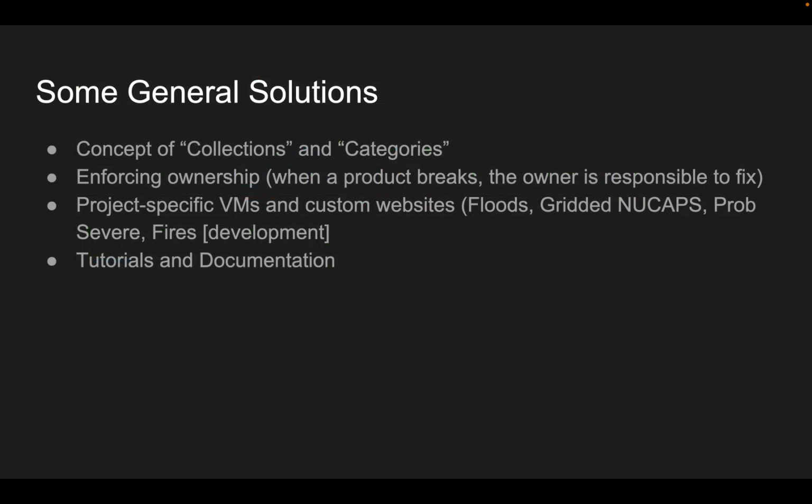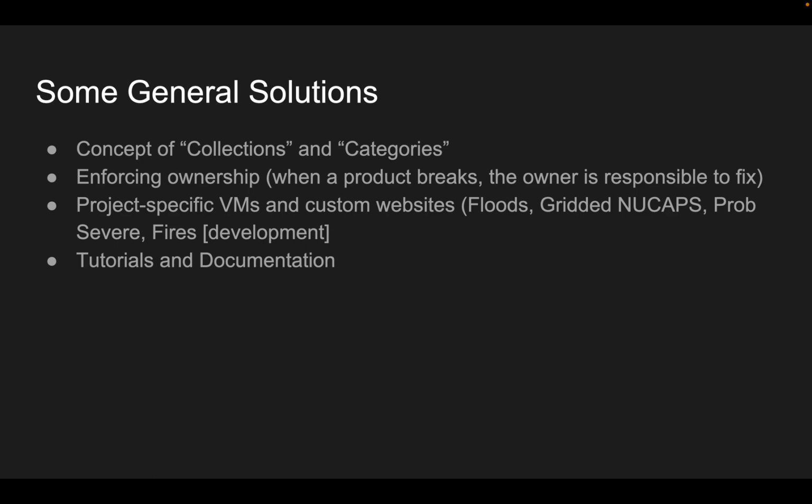So some general solutions. We're a bit overwhelmed with the number of products, so we've tried this concept of collections and categories, where a collection can represent, for example, a gridded NUCAPS collection, like Nadia was referring to. If you select that collection, then you'll just get the 39 gridded NUCAPS products, and you won't be distracted by all the other stuff.